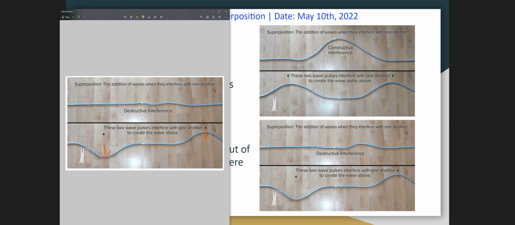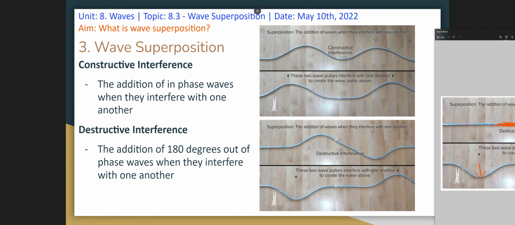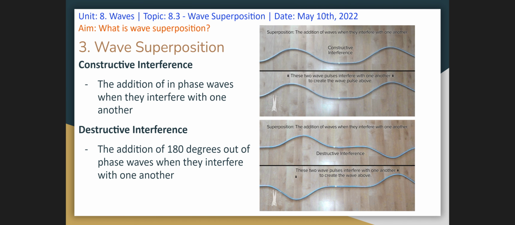So you have these two right here, opposite amplitudes, and when they combine, clearly you see a flat line, right? They're essentially canceling each other out when the waves hit each other, and we call it destructive interference. So there's constructive and destructive, and both of these are known as superposition, wave superposition.